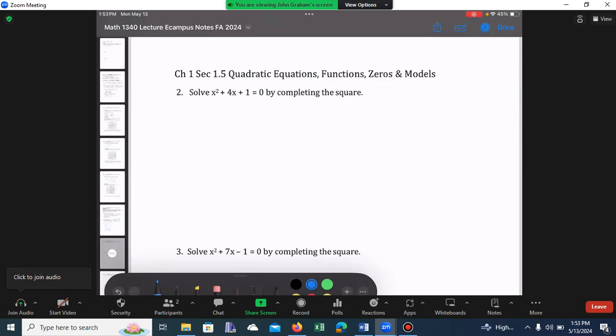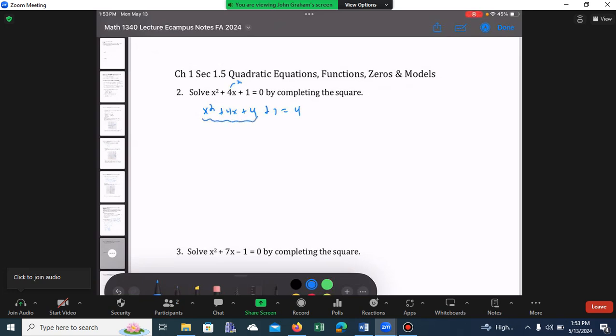So I'll do a couple more. X squared plus 4x plus 1. Take half of 4, which is 2, and square it. You add it to both sides of this. Always add it right after the x term because it has to go together.